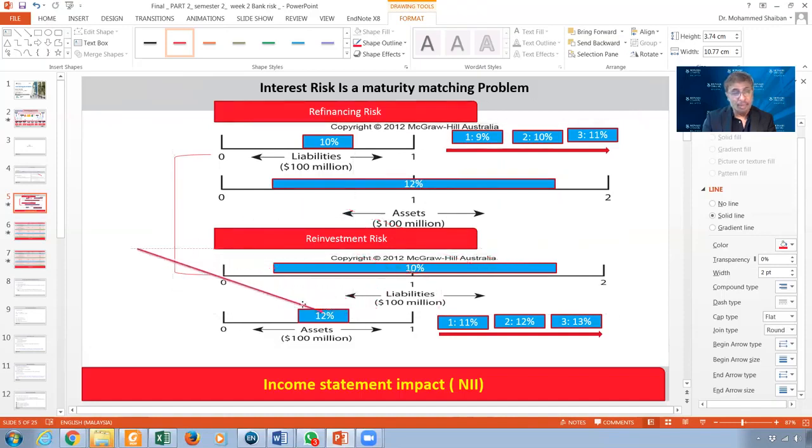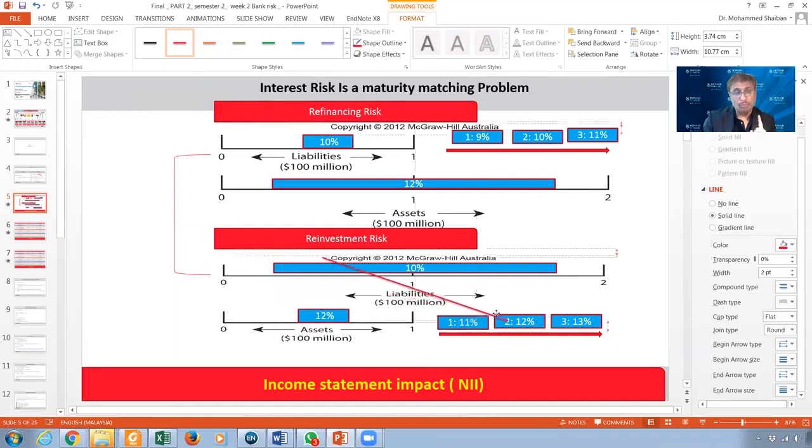The borrower will give me only 12% in the first year. The second year, we will have new terms and conditions, which means the rate could be 11%. Now, 11% is a problem. Why? Because I used to have 12%, now it's 11%, which means there will be a 1% decrease in my net interest income. I'm still gaining, but there is a 1% drop from this year to this year.